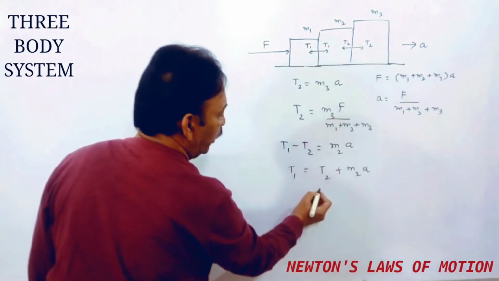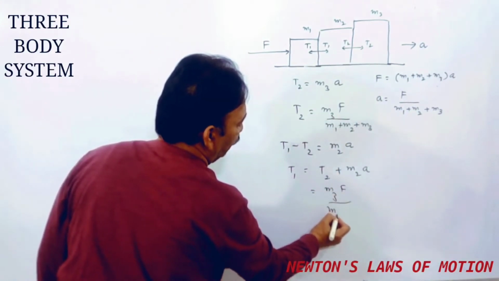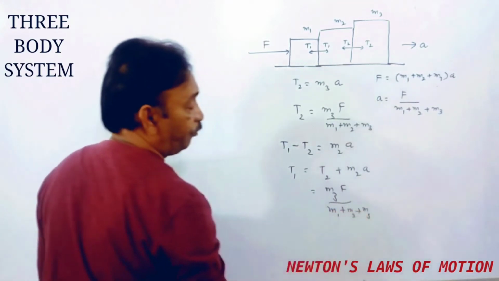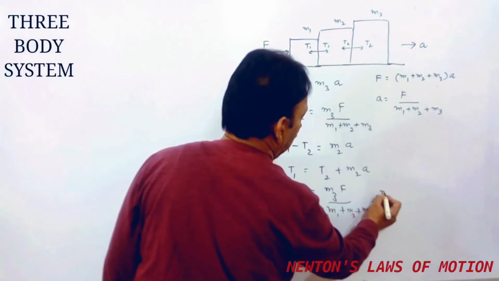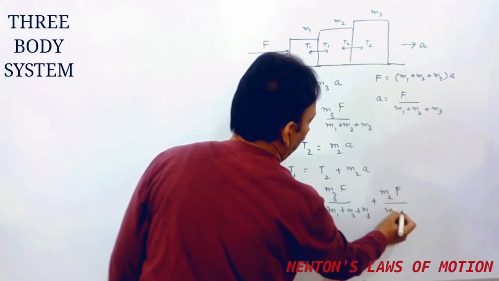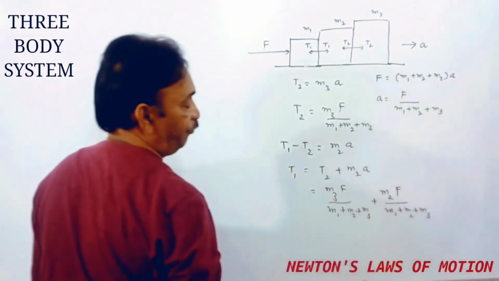Already we had T2 as m3F upon m1 plus m2 plus m3, plus m2 times F upon m1 plus m2 plus m3.